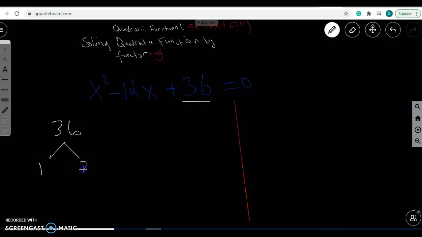1 and 36. You divide this by 2, and you see that it's 2, 18, and then you divide this by 2, and you see that it's going to be 3, 4, 9, and then 6 and 6.